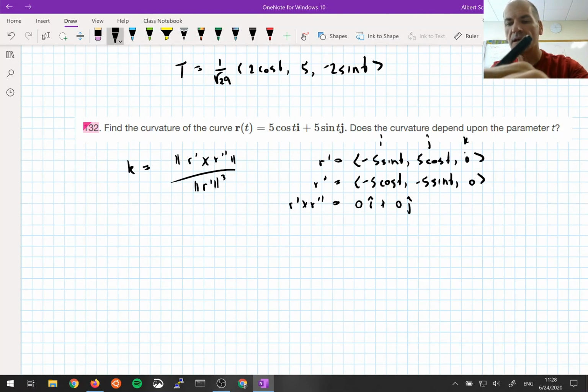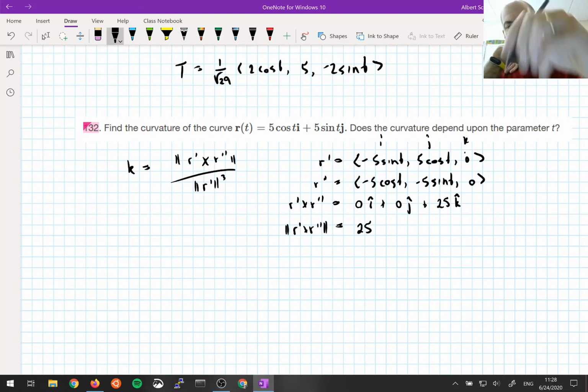We blot out the column of zeros. We get 25 sine squared plus 25 cosine squared, which works out to just be 25 because of another friendly Pythagorean identity. They're everywhere, folks. Now we need the magnitude of r prime, which is just the length of this vector.